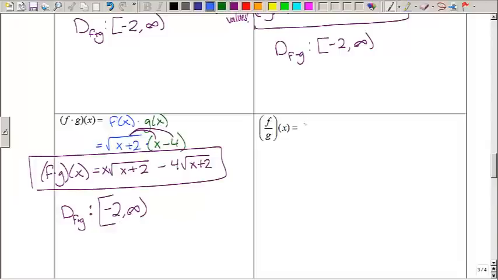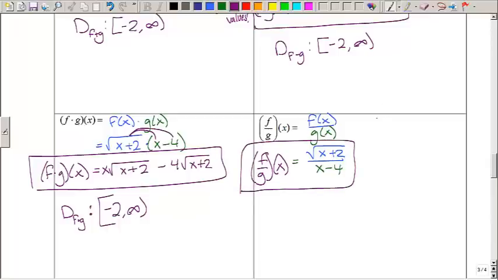For f divided by g of x, I have f of x divided by g of x. My f of x expression is the square root of x plus 2 divided by my g of x expression, x minus 4. There's nothing really to be factored or reduced here, so I have f over g of x is equal to the square root of x plus 2, all divided by x minus 4.